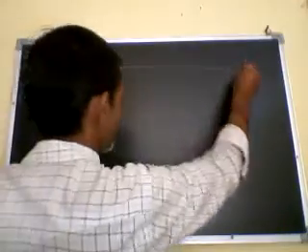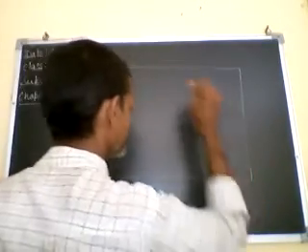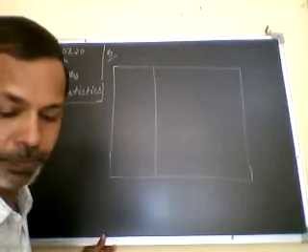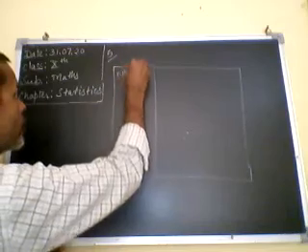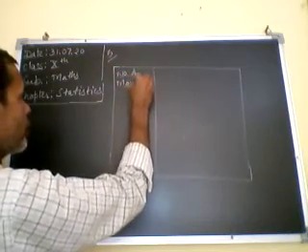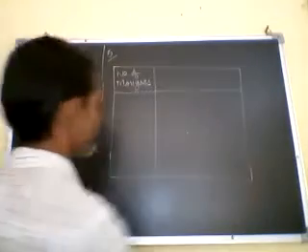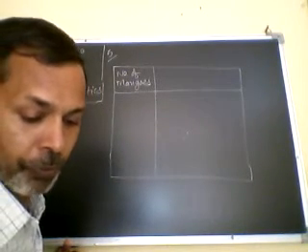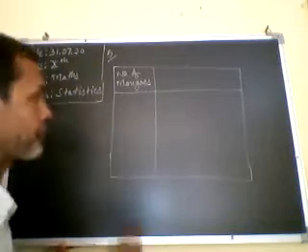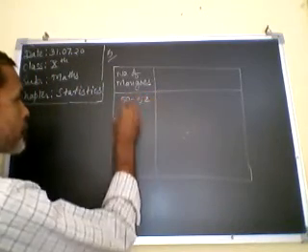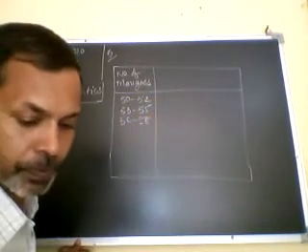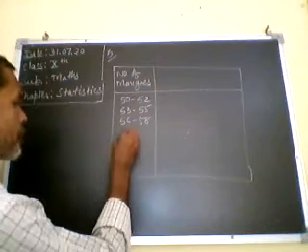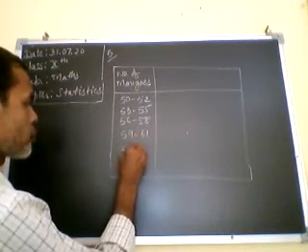So number of mangoes: 50 to 52, 53 to 55, 56 to 58, 59 to 61, 62 to 64.